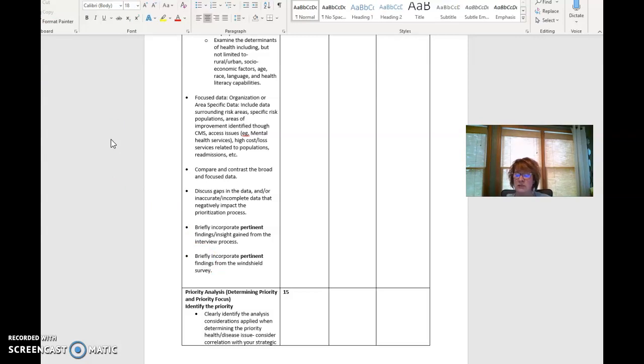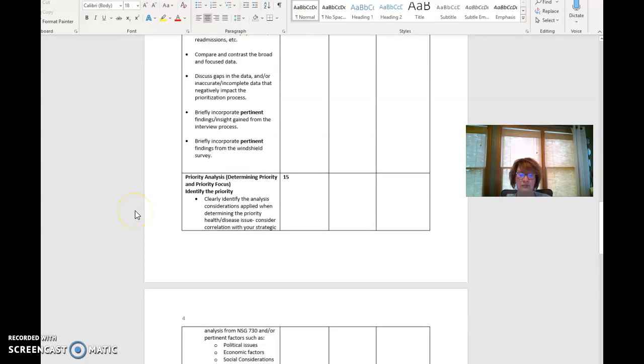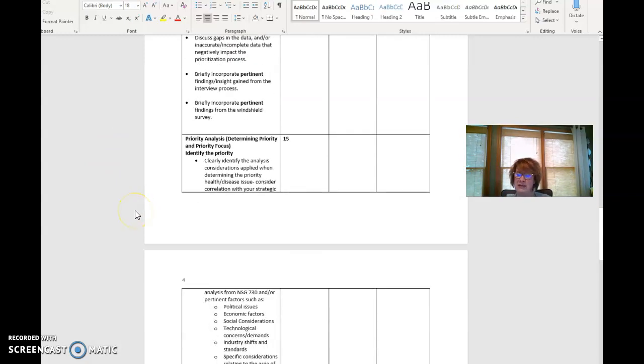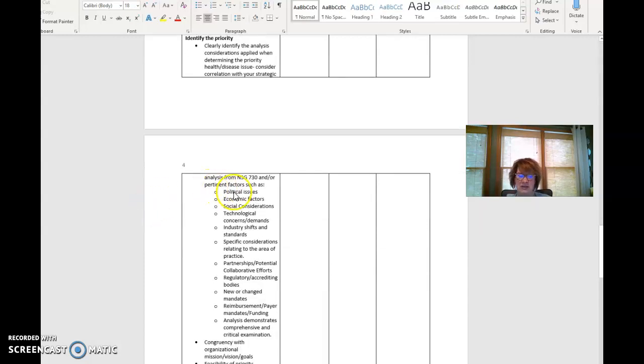And I do want to really emphasize that it really needs to be the pertinent data, so what's appropriate for your particular epidemiology at-risk assessment. So then you're going to really analyze the data to start looking at how you're going to prioritize for your project. So you're going to, again, do those very broad considerations.